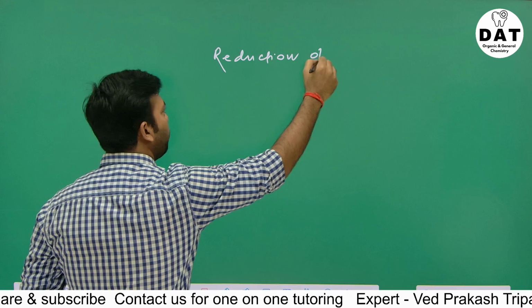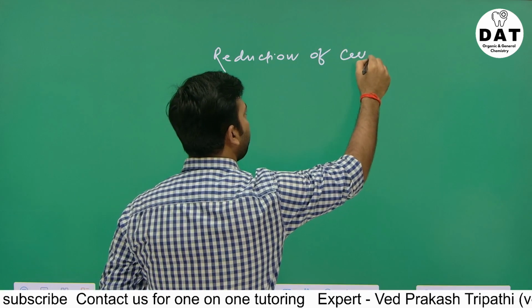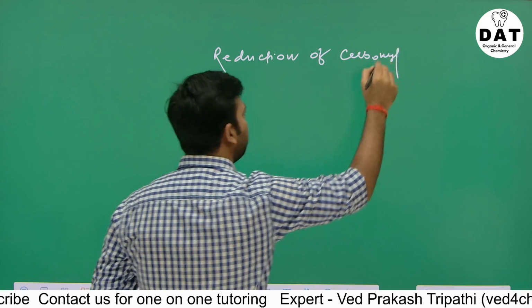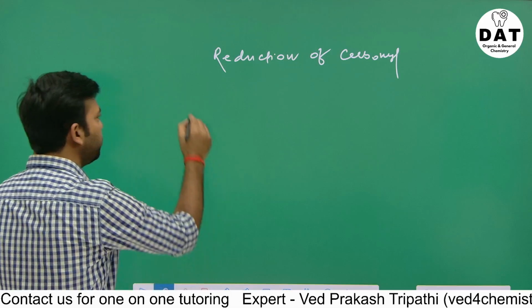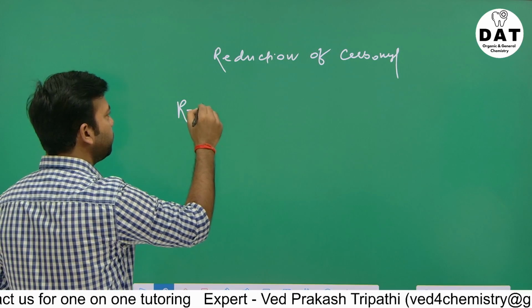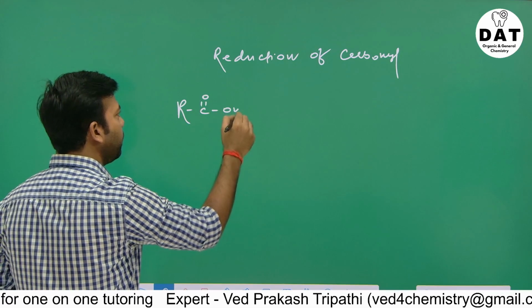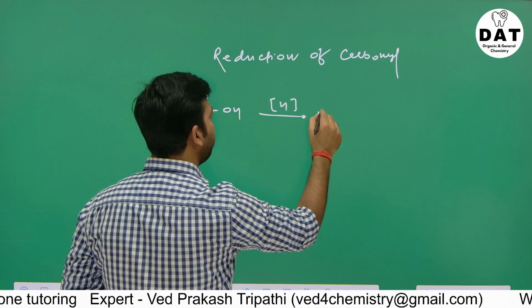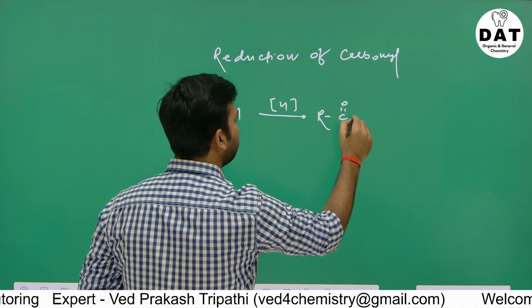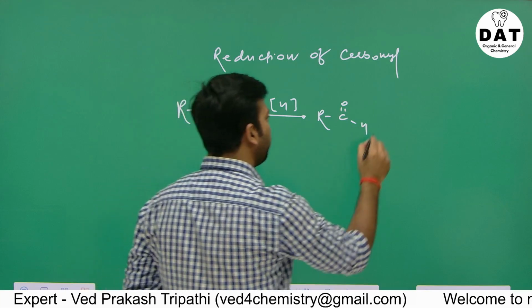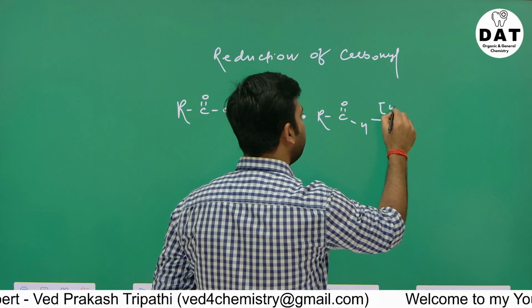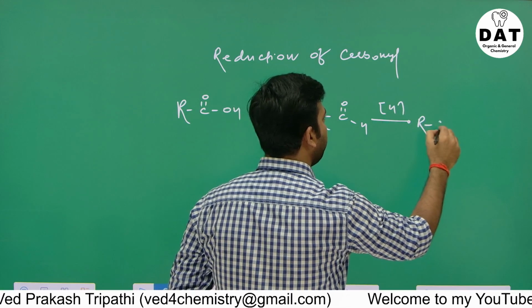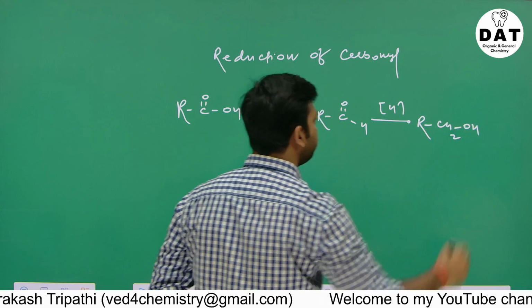Reduction of carbonyl. So look at here. Suppose we have acid. If you are going to reduce acid, it can first form aldehyde, and if you are going to reduce aldehyde, it can give primary alcohol like this.